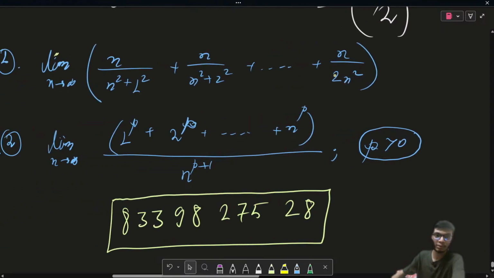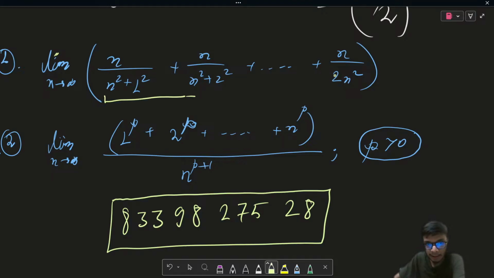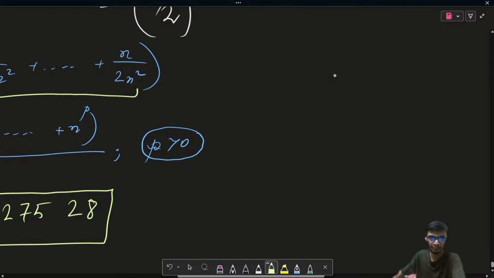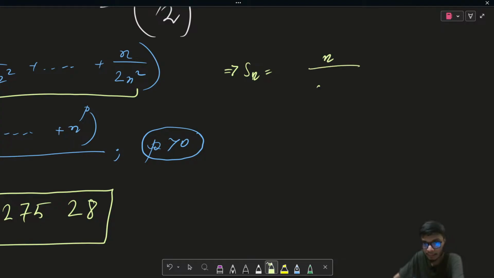If I take the first problem and analyze the series, with n terms, I can write it easily as the summation of n upon n square plus r square, where r is going from 1 to n, right?